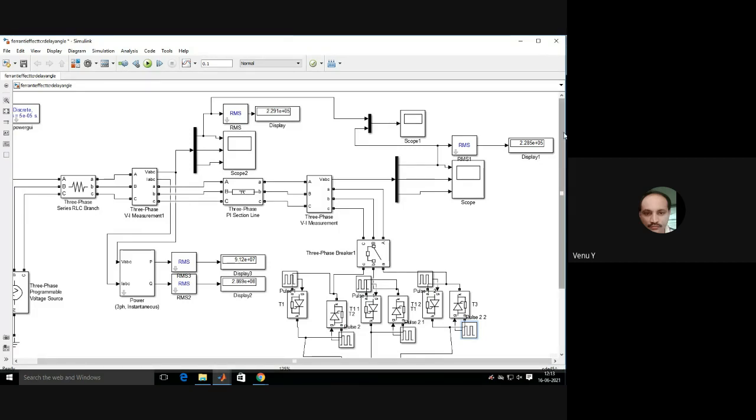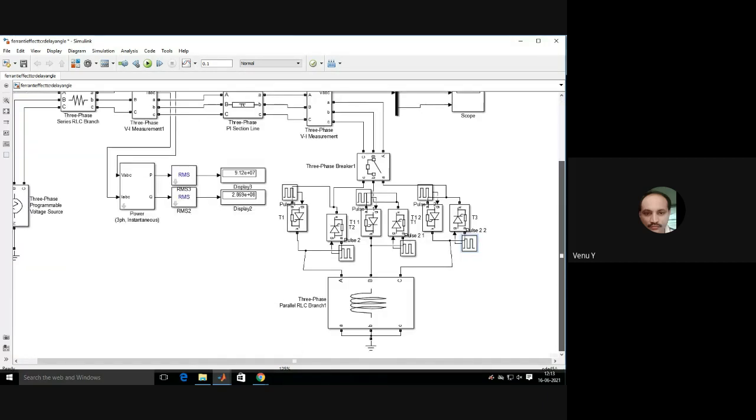Okay, this is the mitigation of the Ferranti effect with thyristor controlled reactor, TCR.